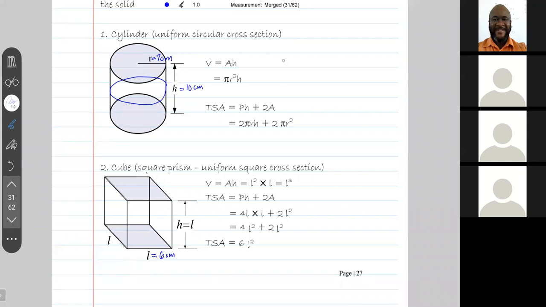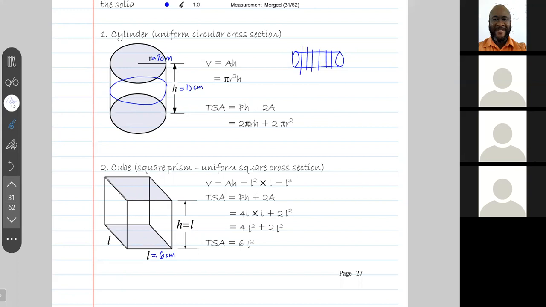So imagine that this is like a cylindrical bread. You have a circle at both ends. Every single time I cut a slice, what would I get? Anybody? A circle. Every time I cut a slice, I would always get a circle.